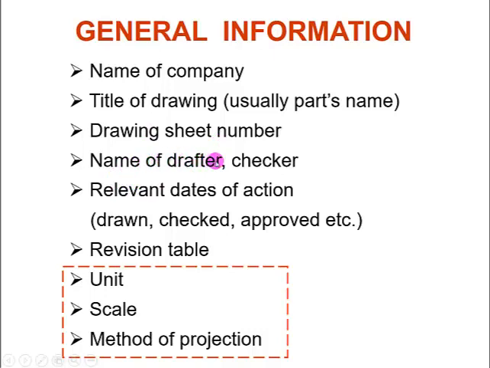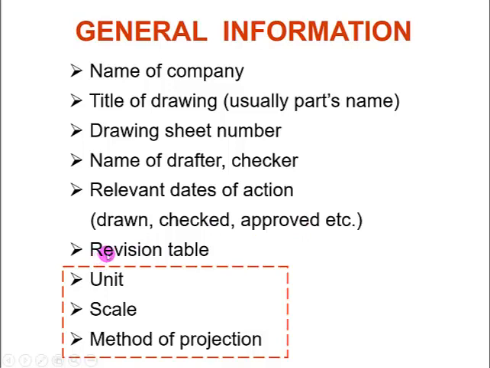Also the name of the drafter who drew it, the checker who makes sure that it's correct, and relevant dates of action. Sometimes you create it today and you have revised versions, so just put the relevant dates of action. You draw, you check, or you approve on that day.